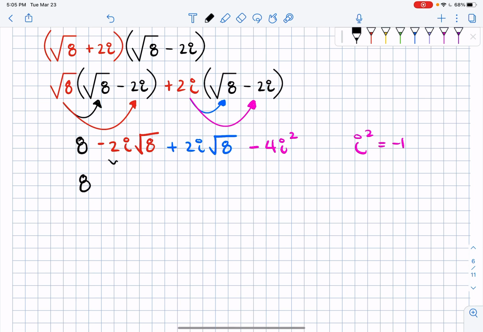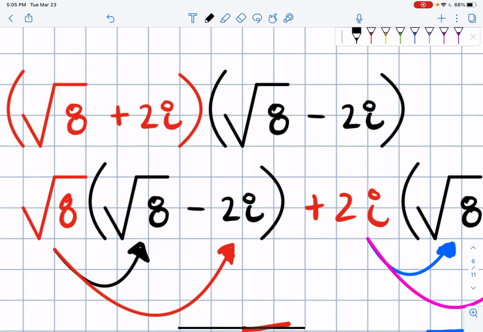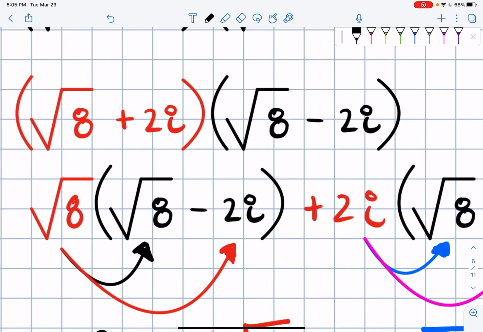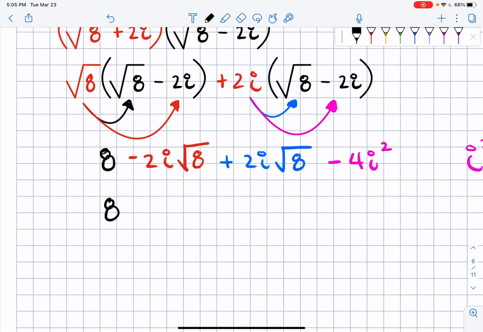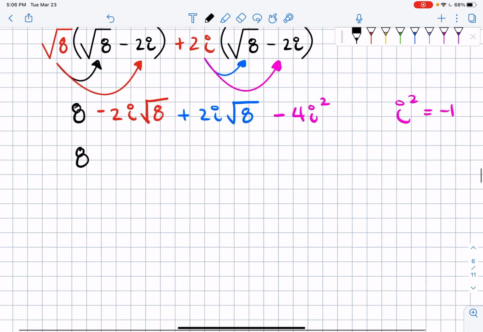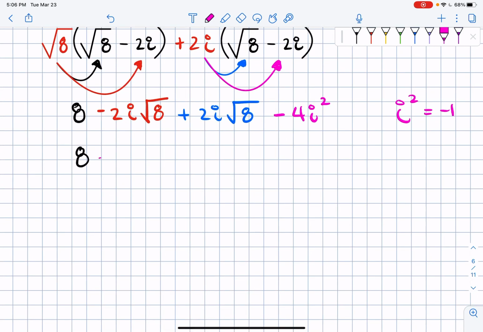Now notice what happens to these two things right here. They cancel each other out, don't they? Which makes sense because if you look at the original, they're conjugates, meaning same terms, but one's addition, one's subtraction. So those cancel out. So I really have 8 minus 4 times negative 1 because i squared is equal to negative 1, which would make this an 8 plus 4, which is equal to 12.